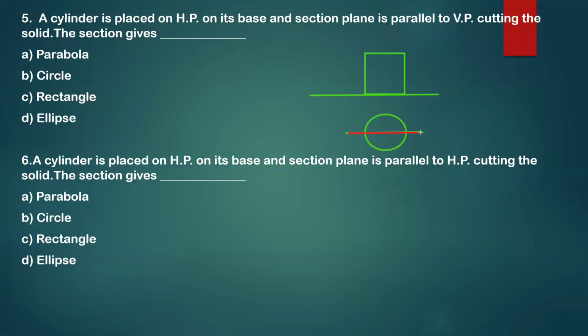This is the cutting plane. And how is the cutting plane? This cutting plane is parallel to the VP. Its top view will be an edge view, so that I have drawn here.